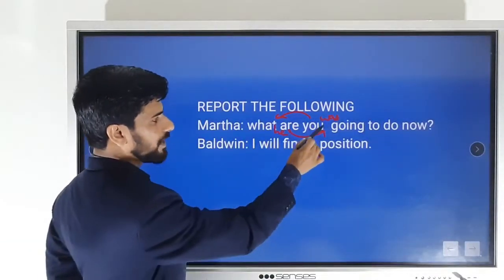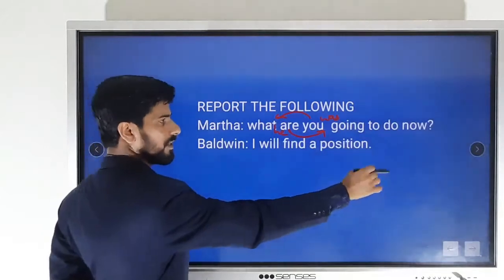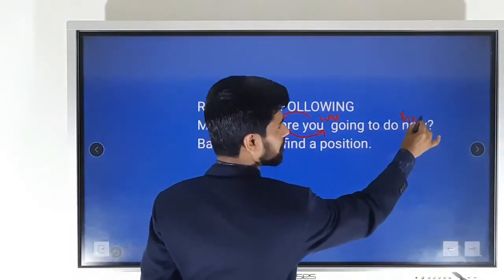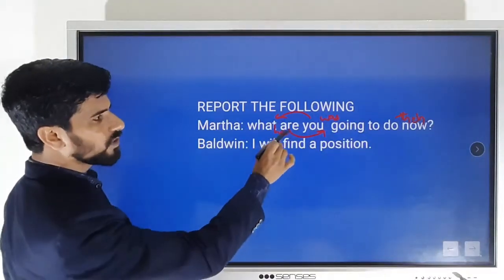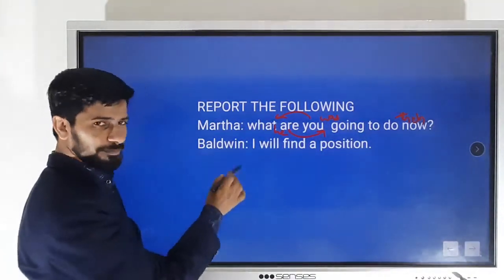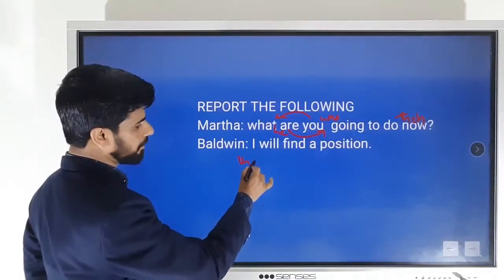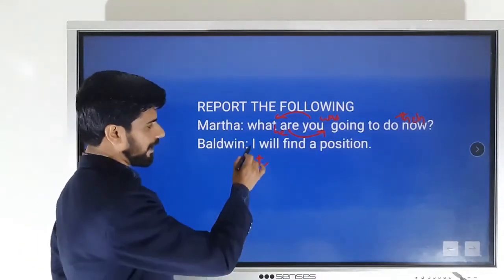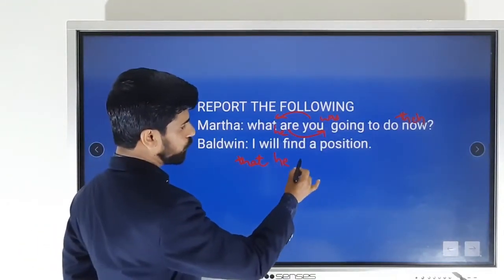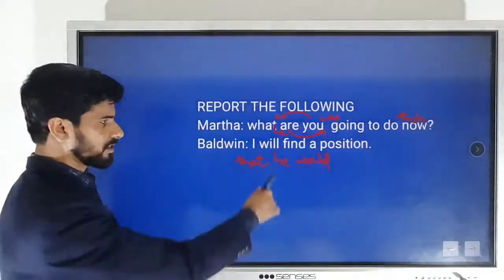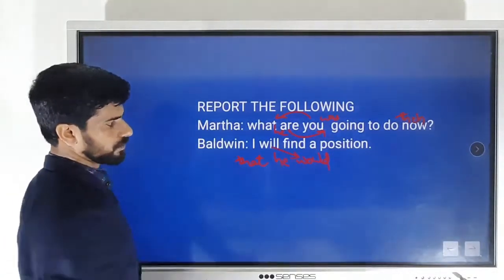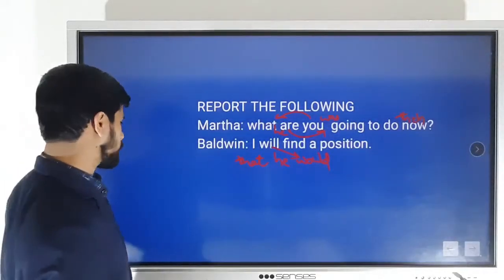So what he was going to do now becomes then, right? What he was going to do then. Baldwin replied that "I" becomes "he." He would find a position. Instead of "will," we write "would." Okay, this is how we convert.